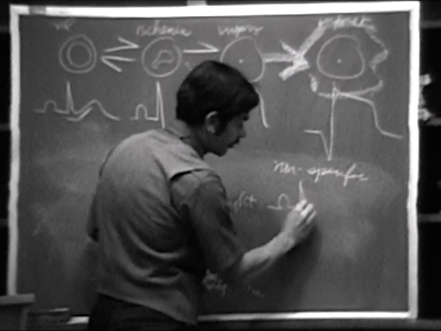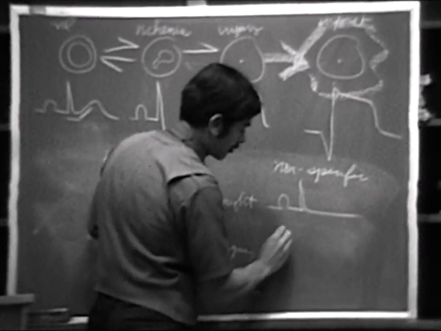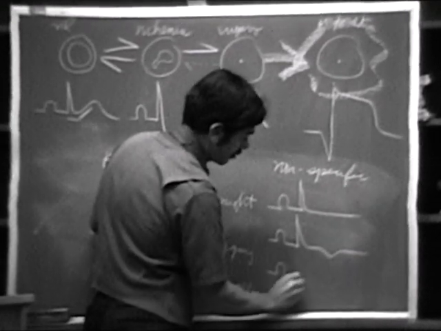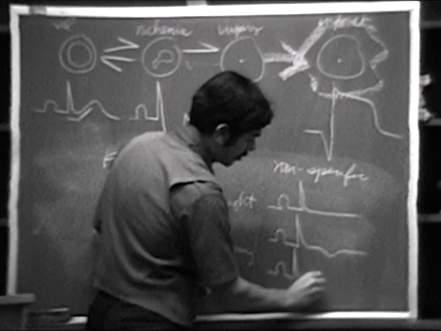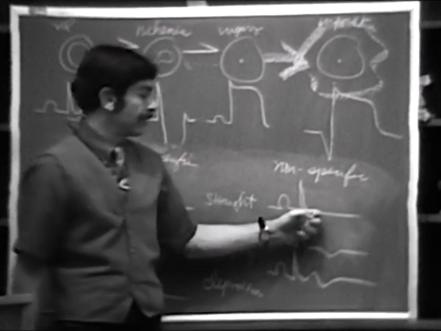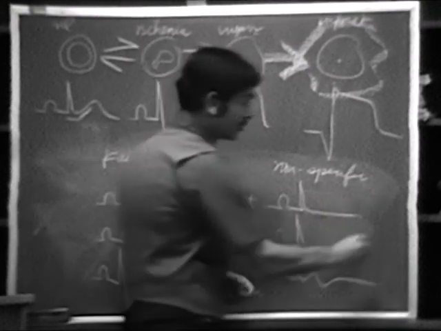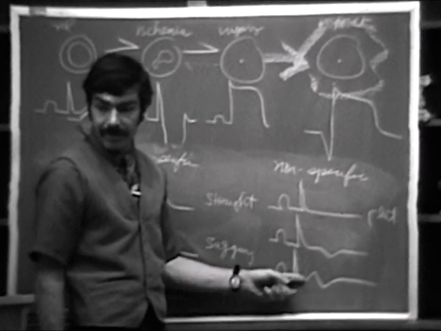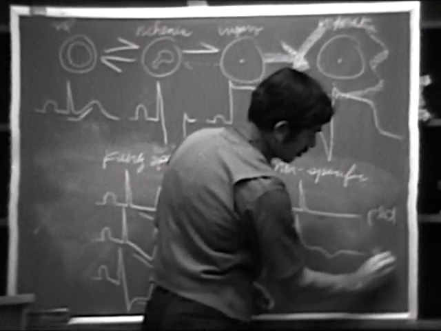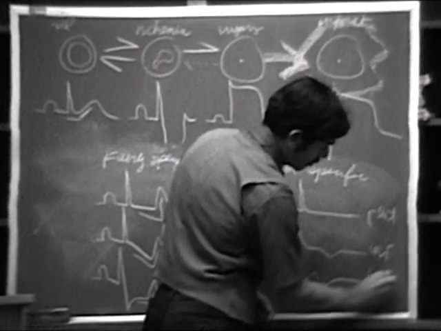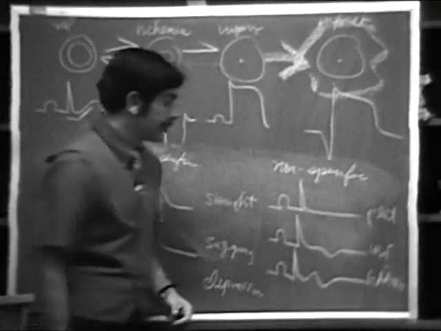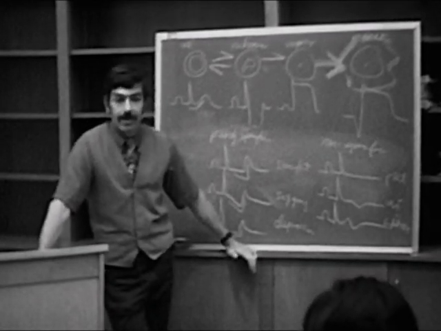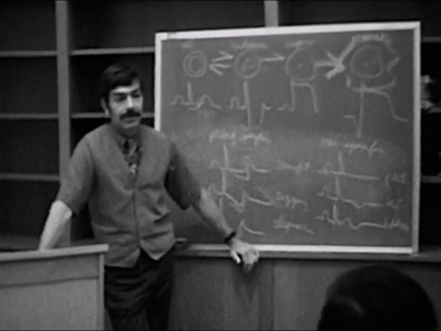Now, here is an example of these. Okay, here the T wave is flat. Here the T wave is inverted, and here it's biphasic. When you see changes like that, all you can say is that it's an abnormal tracing and there's non-specific T-wave abnormalities.